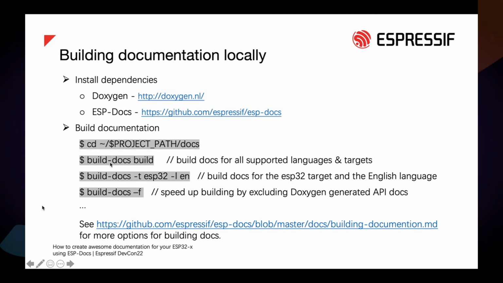The first command builds docs for all supported languages and targets. The build-docs target esp32 language en command builds docs for the ESP32 target in the English language. And build-docs fast speeds up documentation by excluding Doxygen generated API docs. For more options for building documentation, just click this link.